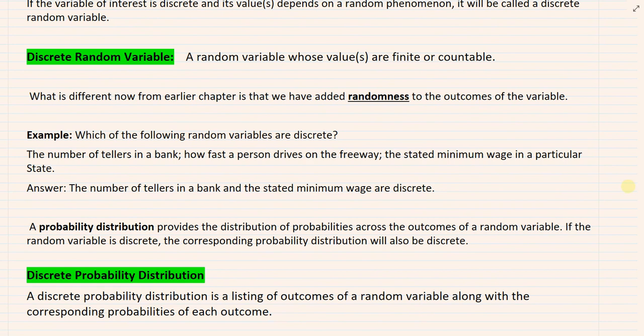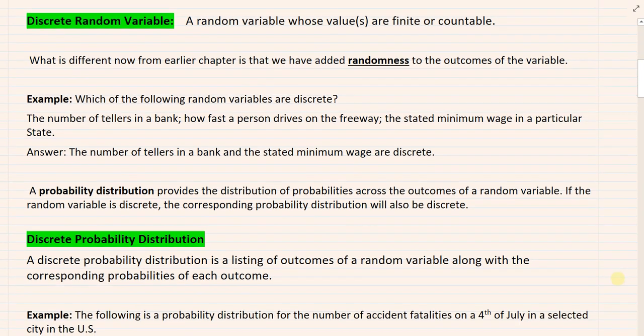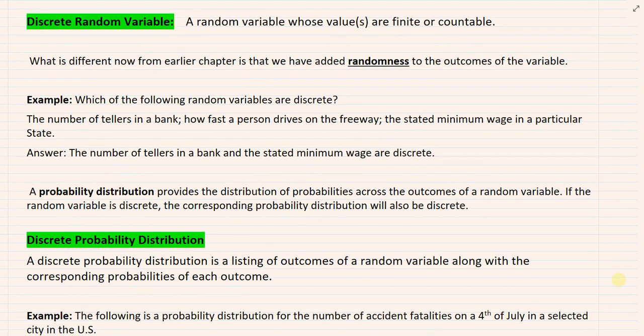With a discrete probability distribution, it's going to be a table with two entries. The table will have a listing of the outcomes of a random variable and then the corresponding probabilities.